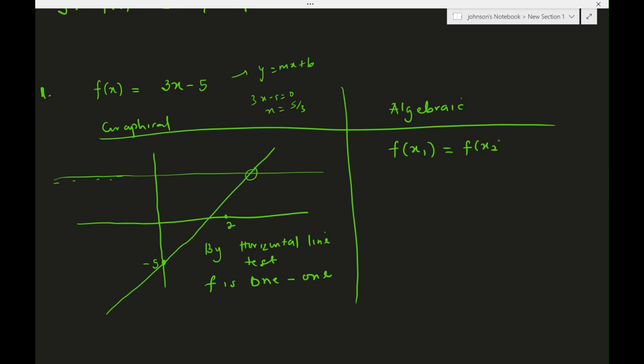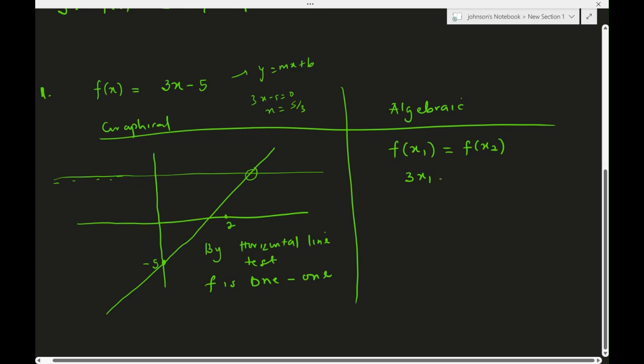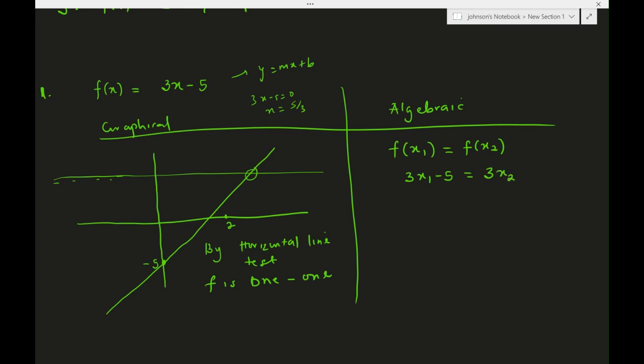So you assume that f of x1 is equal to f of x2. Then can we get x1 to be equal to x2? If x1 equals x2, it means that we have a unique output, right? So here, what is f of x1? It's just going to be 3x1 minus 5, just put x1 into the function, equals 3x2 minus 5.